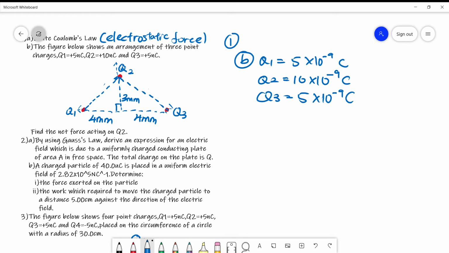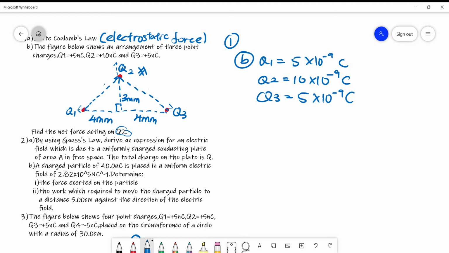Find the net force acting on Q2. The question mentions Q2, which means our main focus is on the charge Q2. Before calculating the magnitude, we need to know the direction of the forces exerted on Q2.